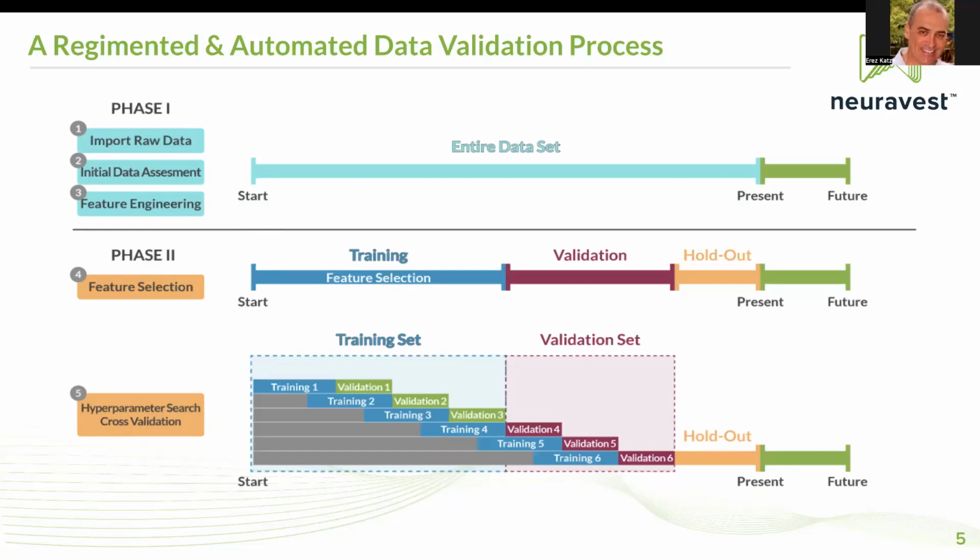Then we use different data sets, either sequentially following the training or some other data set, not necessarily sequential in time, but sets that have yet to be seen by the training, to validate that the models really work on a new set of data.